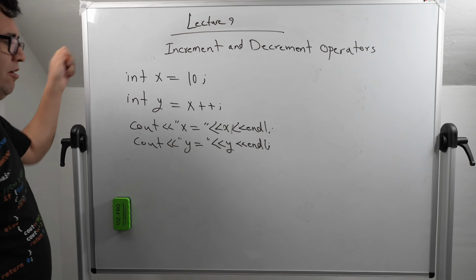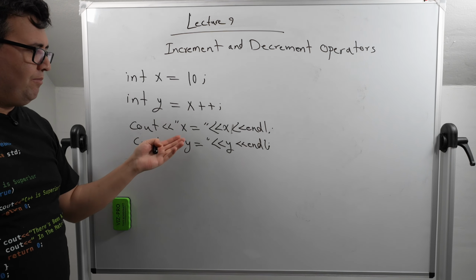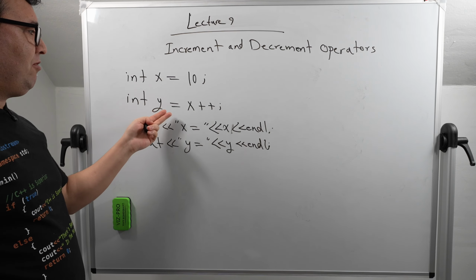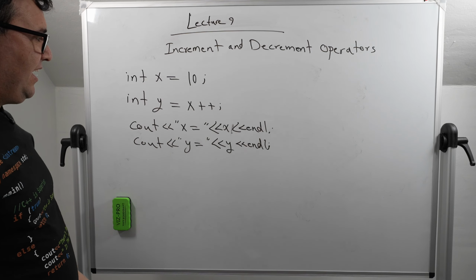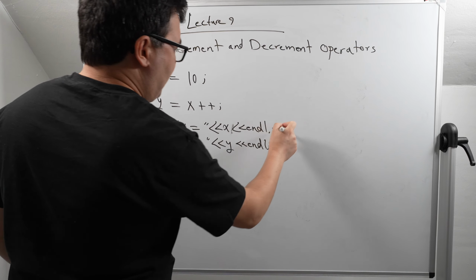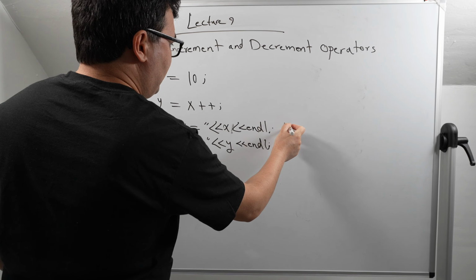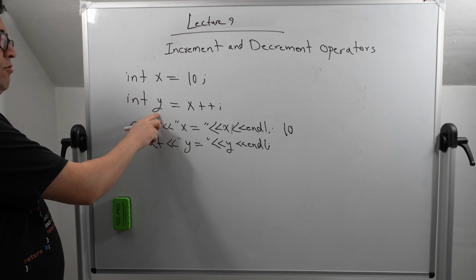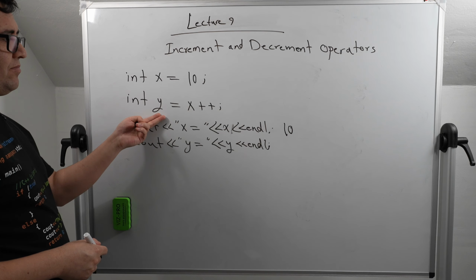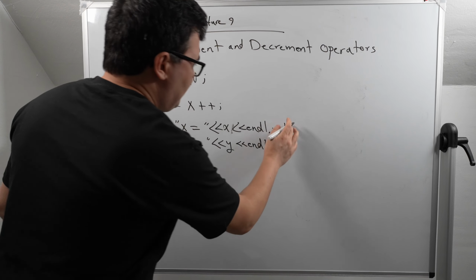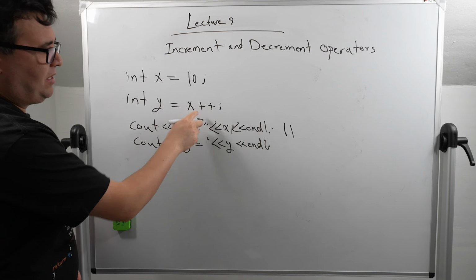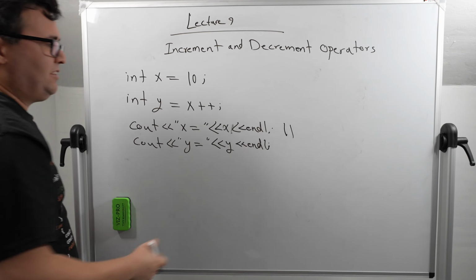So what is the output of this program? The variable x is 10 here, and the variable y is x plus plus. If we print x here, it's increased. Sorry, x is equal to 11 here, because we have 10, and if it increases, it becomes 11. So the variable x is 11.